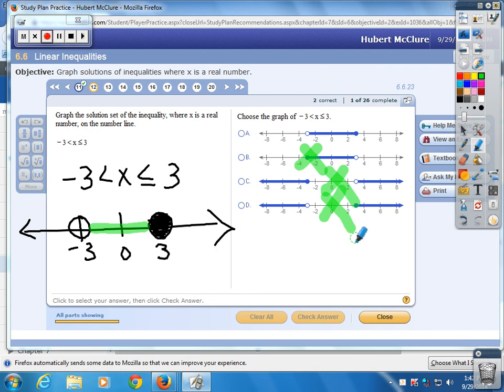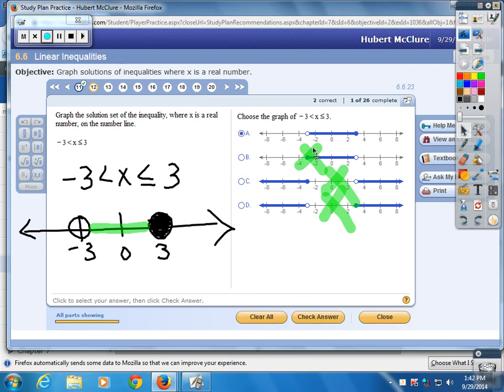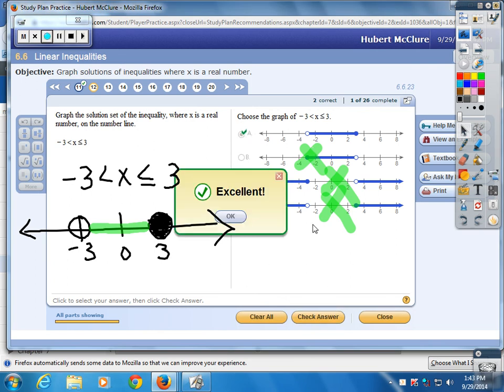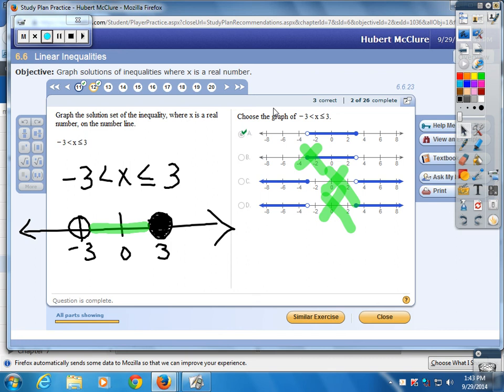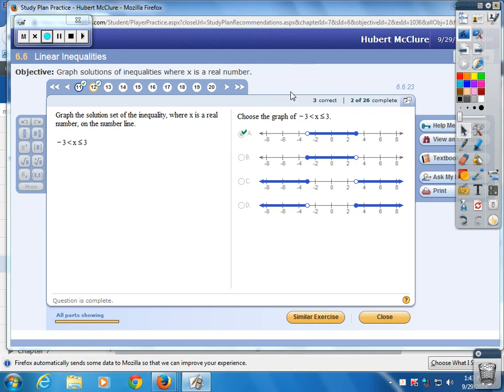So A is your only answer. That's a test question because you don't have to do anything but think. You don't even have to solve it. It's already solved for you.